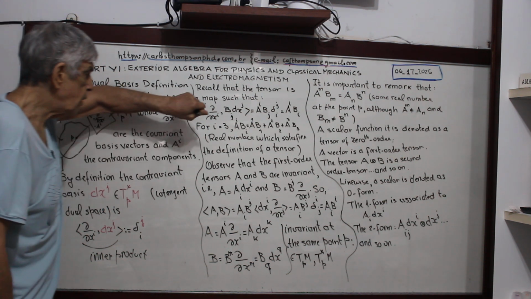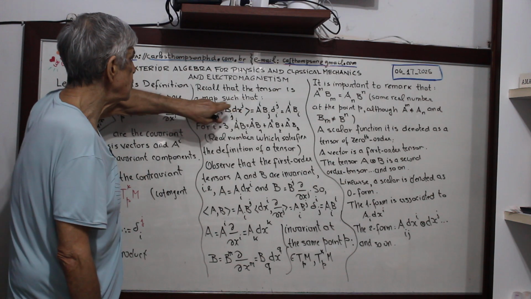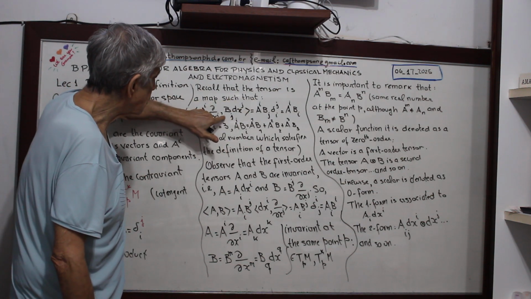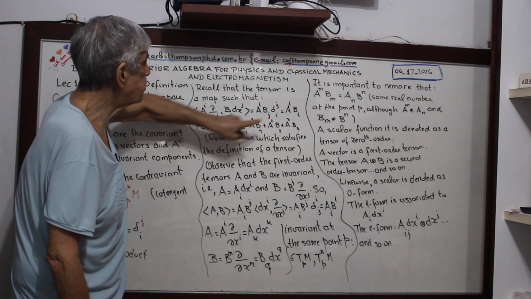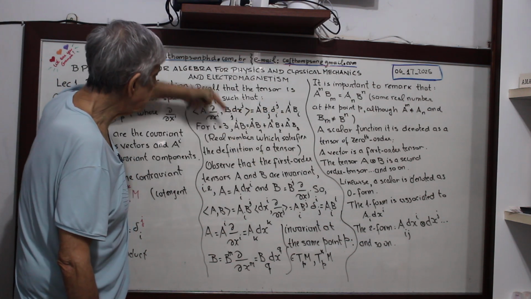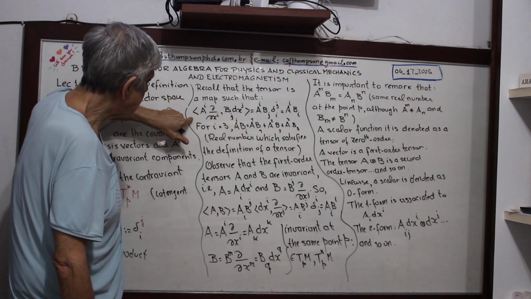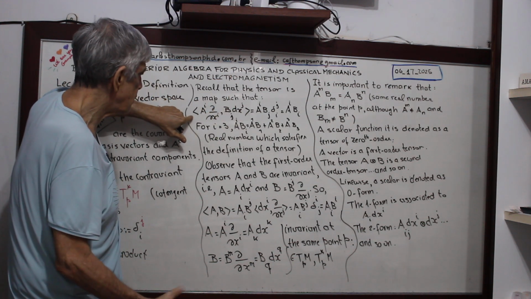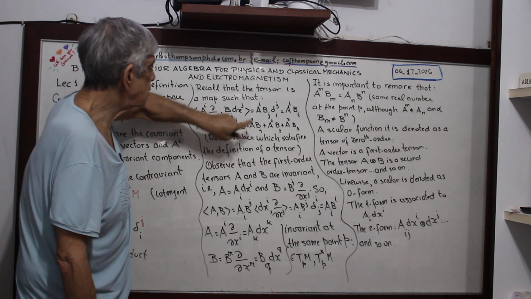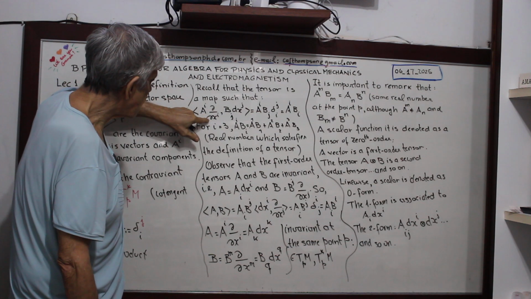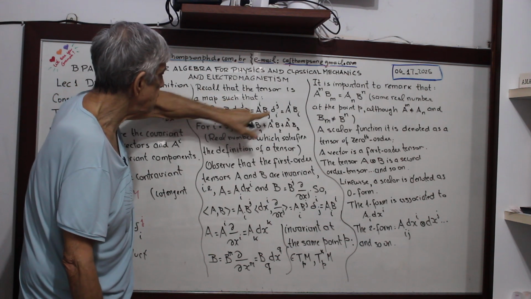Now recall that the tensor is a map such that you have the inner product, okay? This maps into a scalar. You see, this is a^i b_j, outside this inner product, and this is delta ij, which is partial xi dxj.